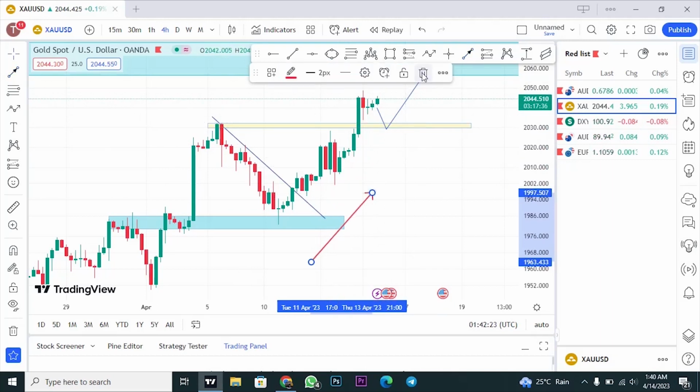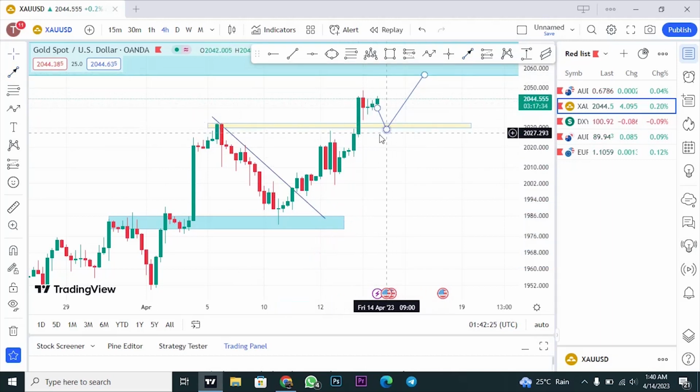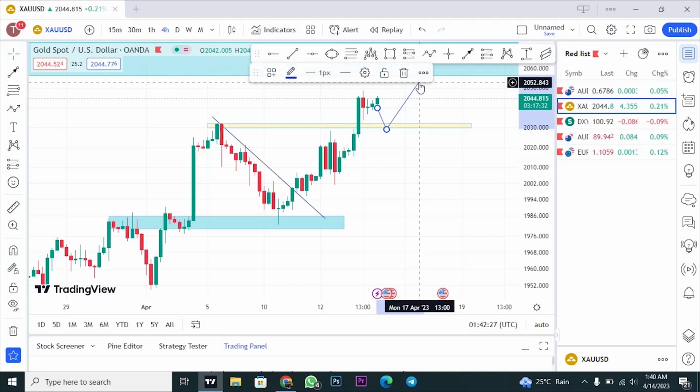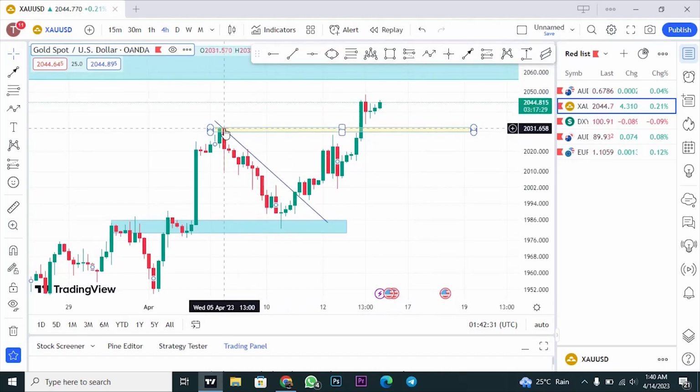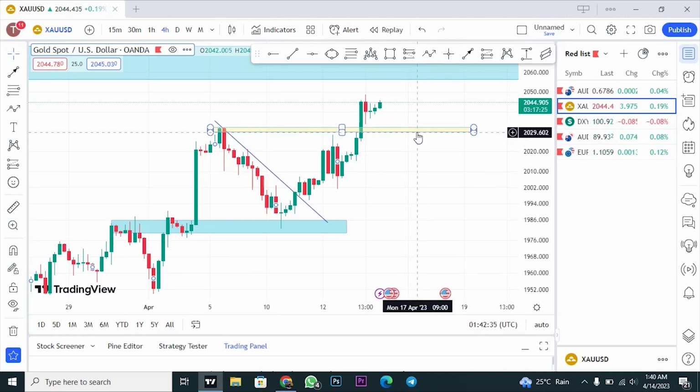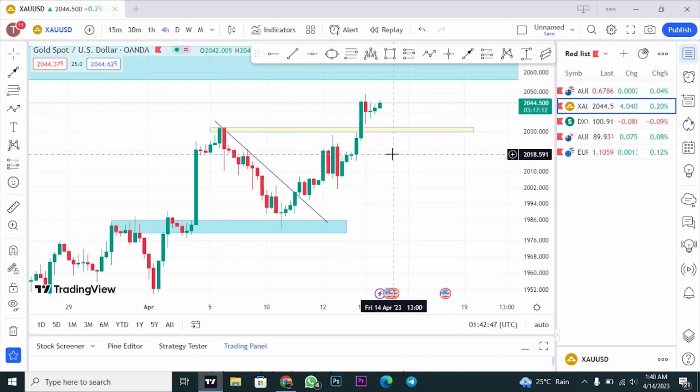So I need a pullback right at this point, and then a push to the upside once again. But since the market can do anything, that's where my Fibonacci comes in, or that's where my zones also come in.